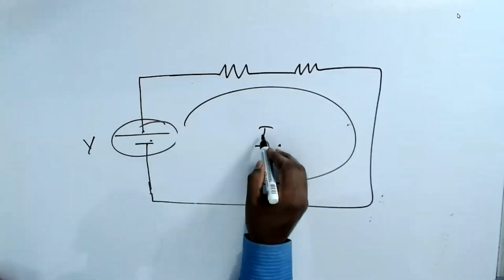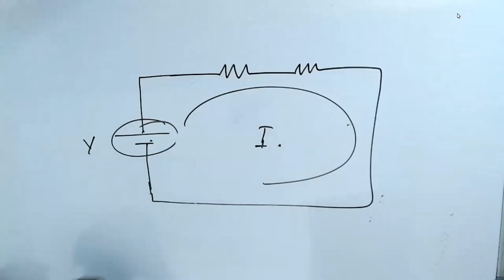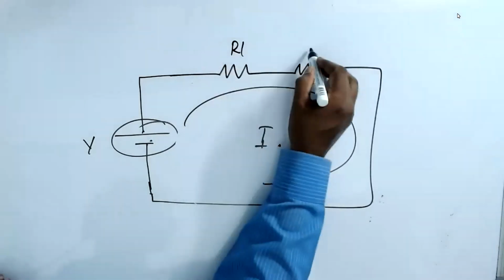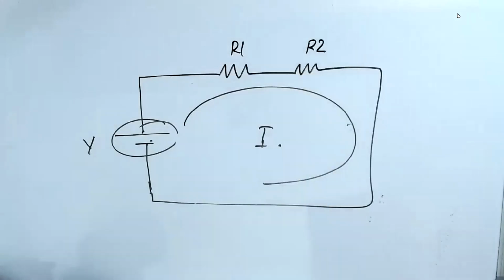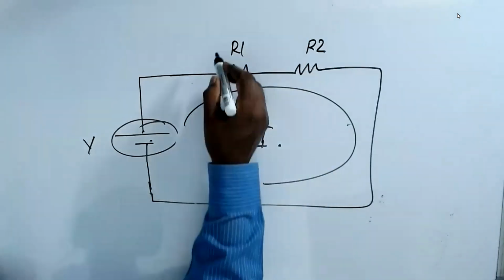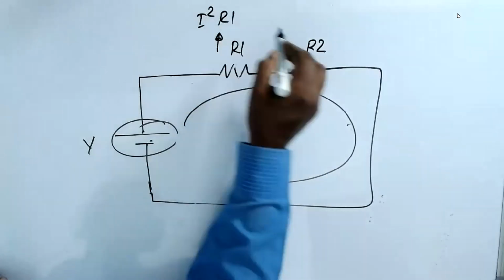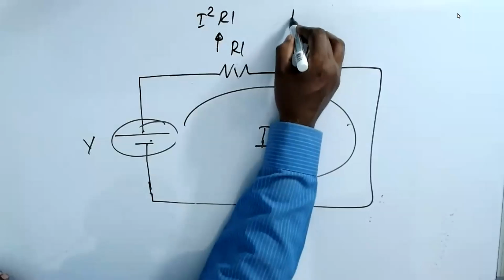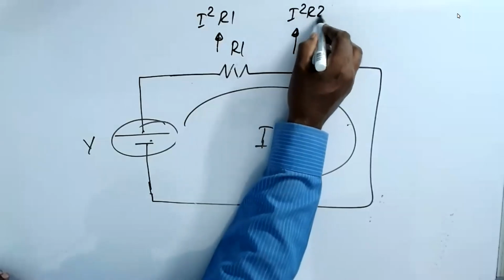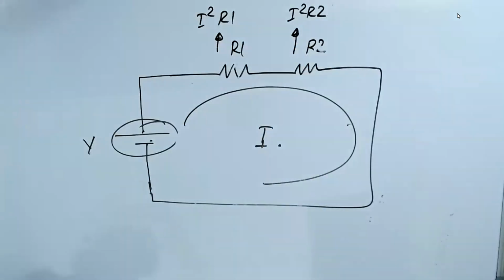That's why the I is common. This is resistor 1, this is resistor 2. The power produced by this one is I square R1. The power produced by this one is I square R2. Am I right? Do you understand?